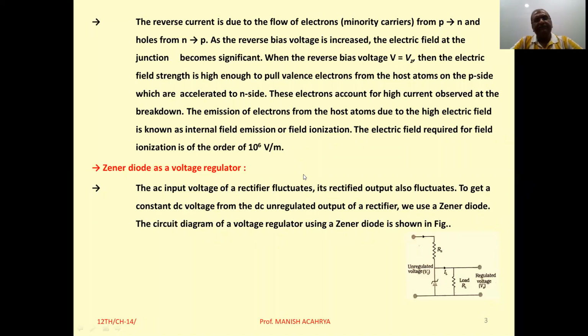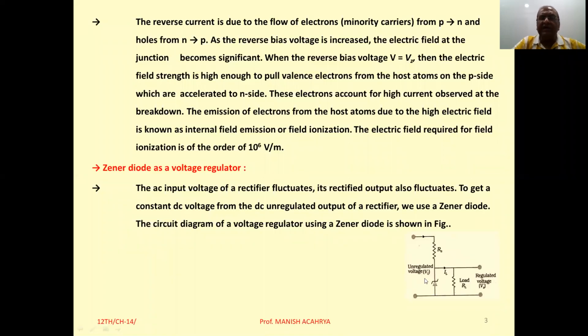Now see here, the output voltage obtained in a full wave rectifier is unregulated. Unregulated implies that in the output there are components of AC, or in other words the output obtained is not 100% pure DC.